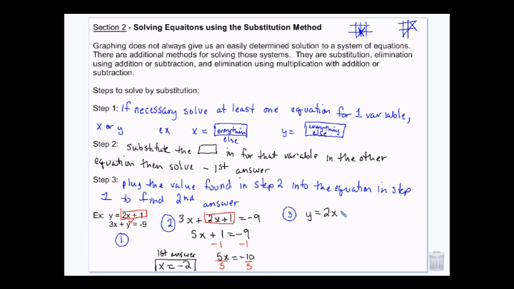I had y equals 2x plus 1. I take that negative 2 because that's what x equals, and I replace the x with the negative 2. 2 times negative 2 is negative 4 plus 1. So that gives me y equals negative 3. Here's my second answer.